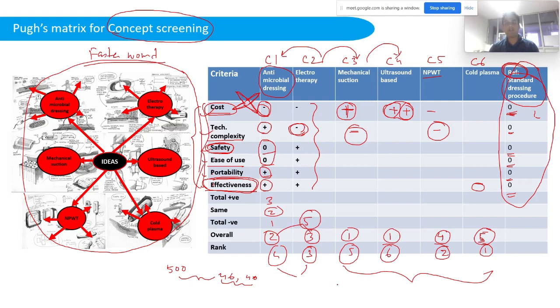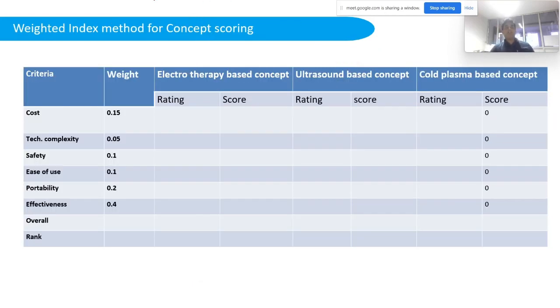But after that, comparing these 40 concepts based on their features becomes difficult, because there is no instrumentation that this particular matrix provides. So for that, we use a technique called the weighted index method, which is another matrix used for concept scoring.